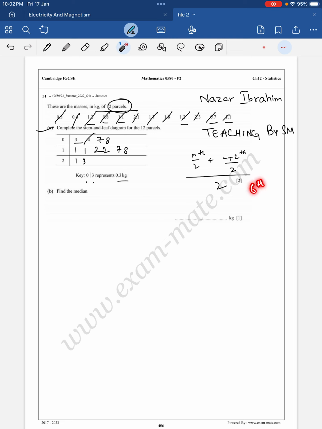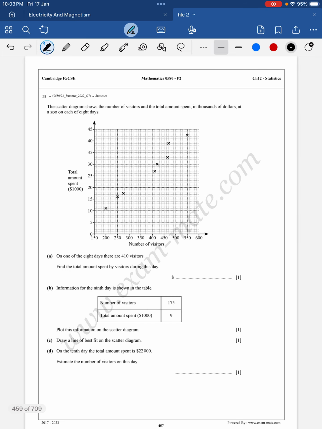So the 6th data value plus the 7th data value upon 2. Counting 1, 2, 3, 4, 5, 6, and 7, the 6th is 1.1 plus 1.2 upon 2, which is 2.3 upon 2, and that is equal to 1.15. Clear?